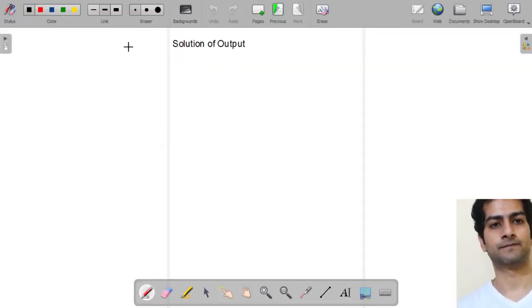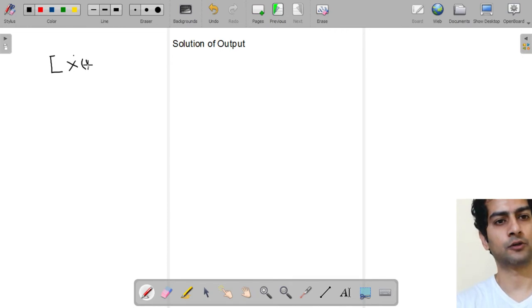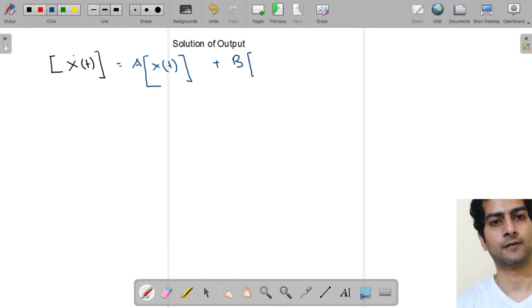Solution of output. We know that the state model has two equations. First is the state equation, and the second one is the output equation. Let me write it again: state variable, input.